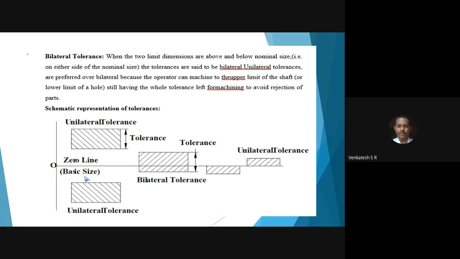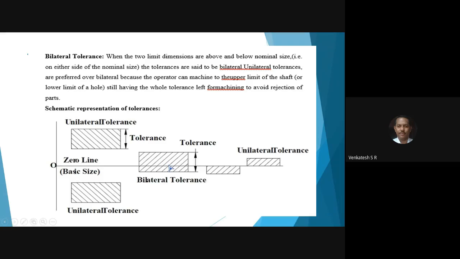If you specify the limits only in the positive direction above the zero line, see, above the zero line is always positive, below the zero line is always negative. The block with the hatched lines indicates the unilateral tolerance and bilateral tolerance.